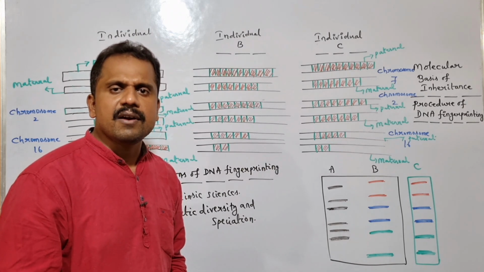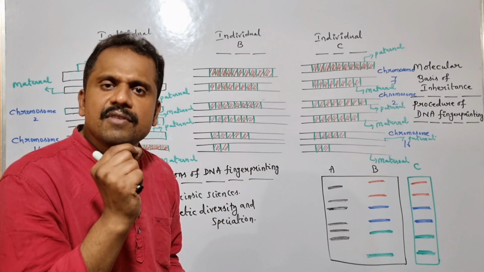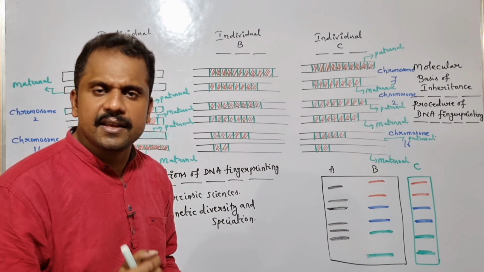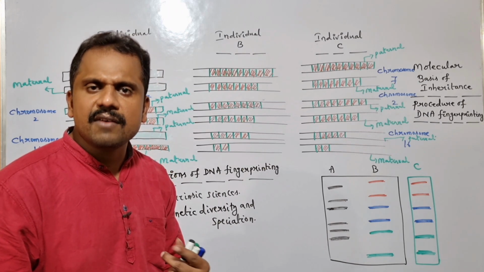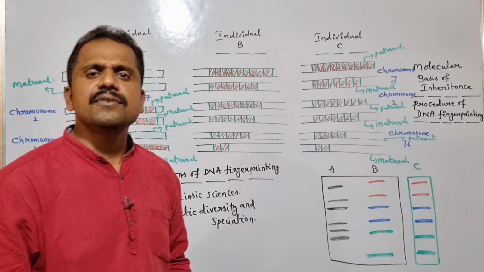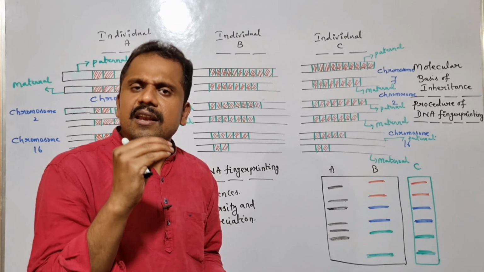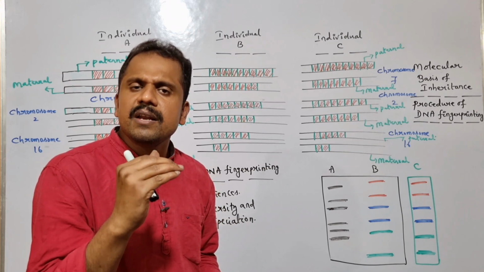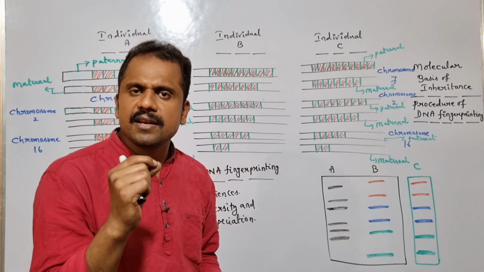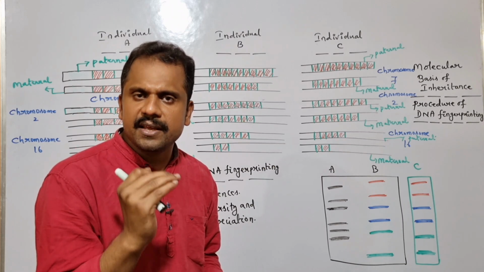And in order to understand how the DNA fingerprinting procedure has solved many complicated cases in our country, we can take one common example which took place earlier. When the Rajiv Gandhi assassination took place in the year 1991, in order to identify some of the body parts of Rajiv Gandhi at the location, some blood samples were collected from Rahul Gandhi and Priyanka Gandhi.